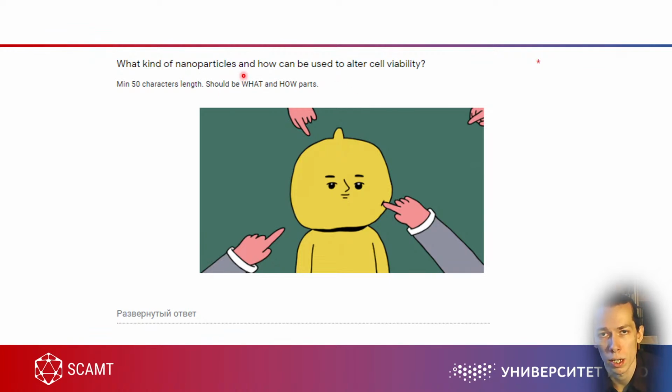So what? Spiky nanoparticles. And how? By increased biocatalysis. Some of you picked other examples, and to be honest, in the previous year almost everyone picked the example from the lecture, and this year almost no one picked this example and put something different.